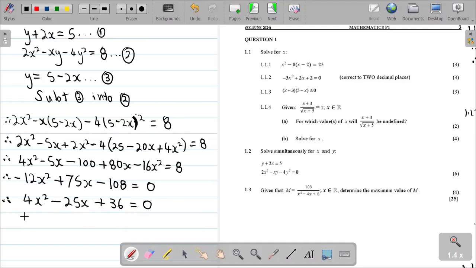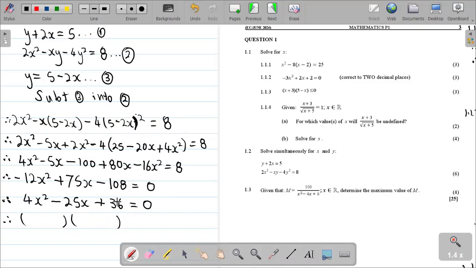And then we can try to factorize. So when we look at the factors here, what do we have? We have 4x squared here, and then we have 25, and then we have 36.